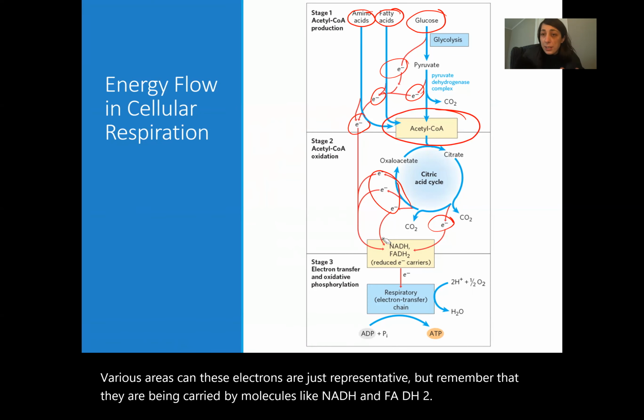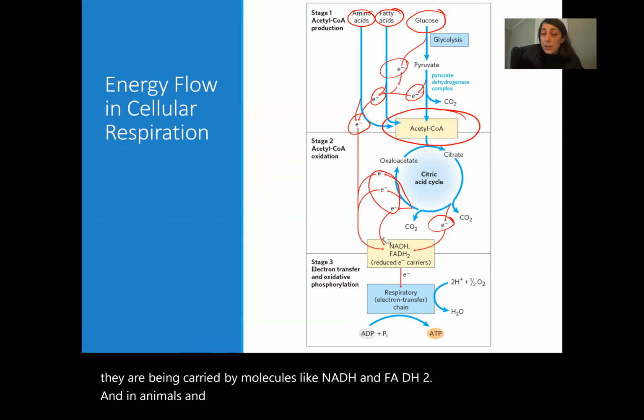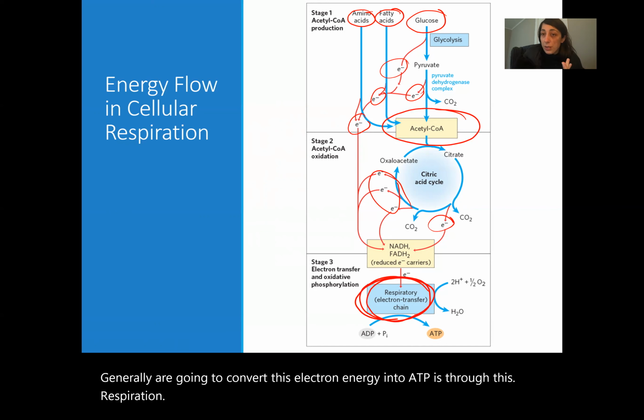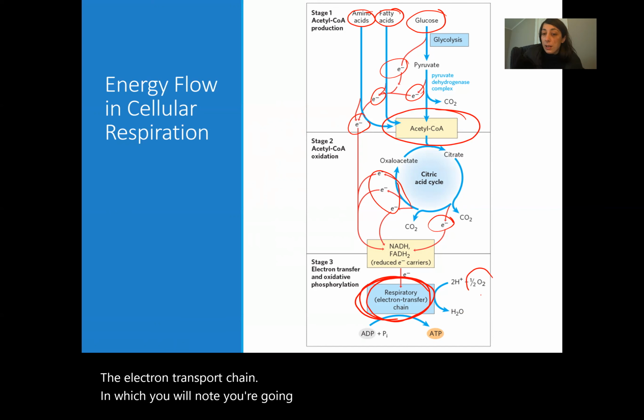And in animals and in cells for respiration, the way that we generally are going to convert this electron energy into ATP is through the electron transport chain, in which you will note you're going to use oxygen and protons.